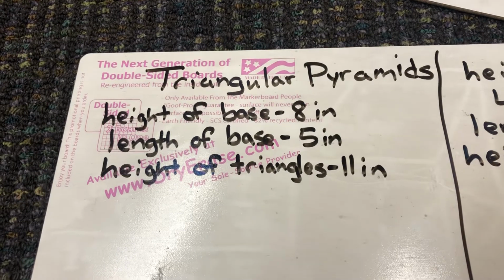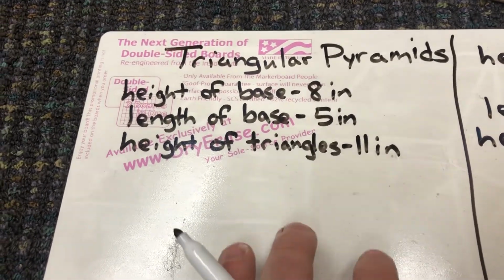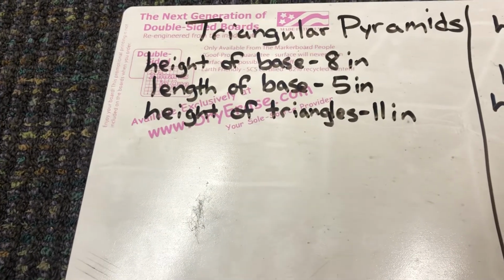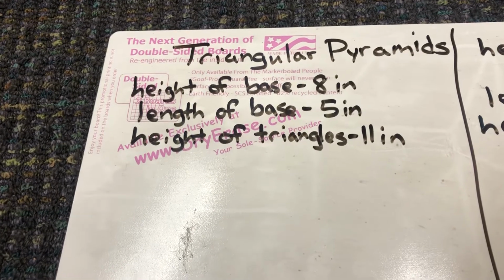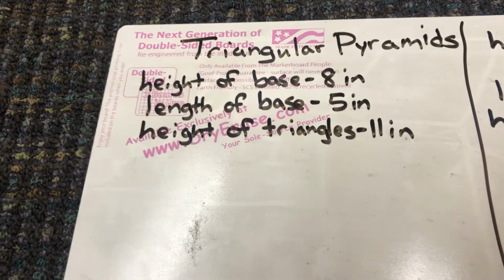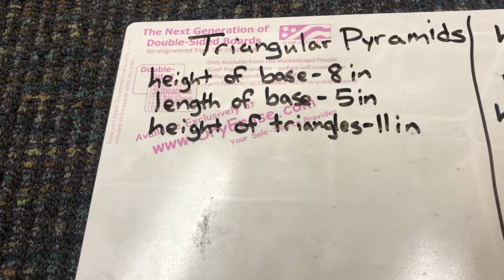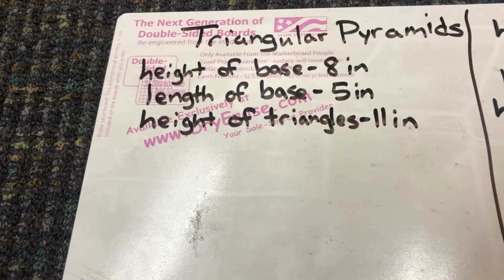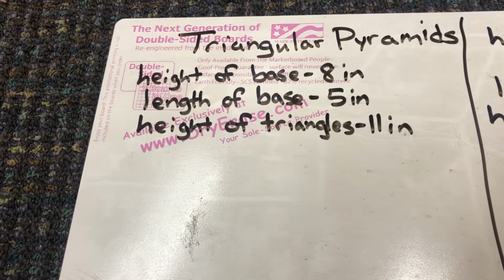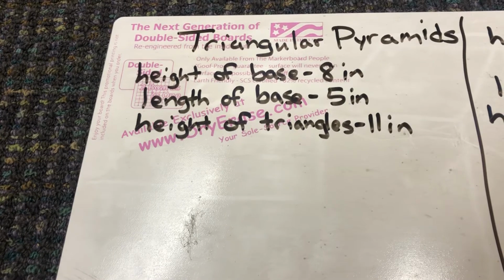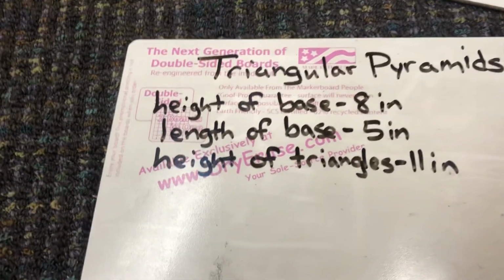So it's going to be kind of like the squares, in the sense that we're going to have a triangle base though instead of a square base, but since it's an equilateral triangle where all 3 sides are the same length, the triangles going up to meet at the point are also all going to be the same size. So we're not going to have different sized triangles.